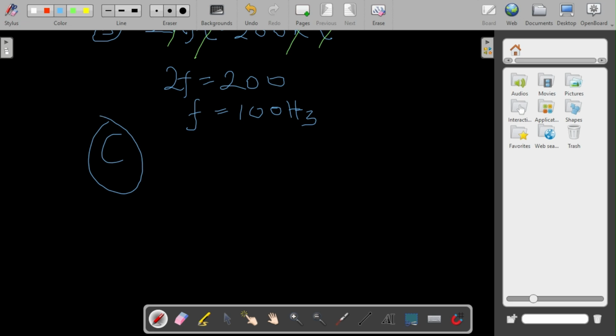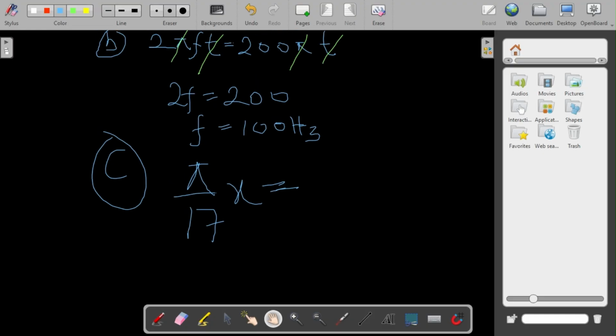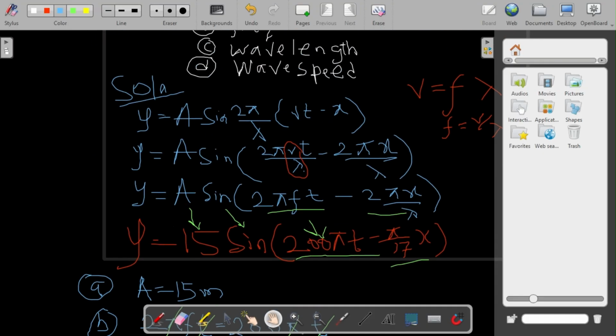Still the same comparison. So this is pi over 17 x equals, looking at this one more time, you see that this equals 2 pi over lambda x.